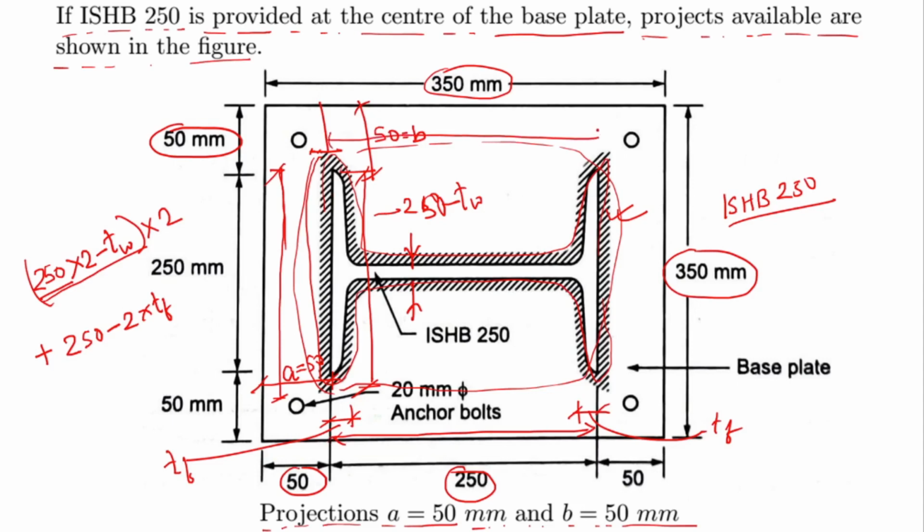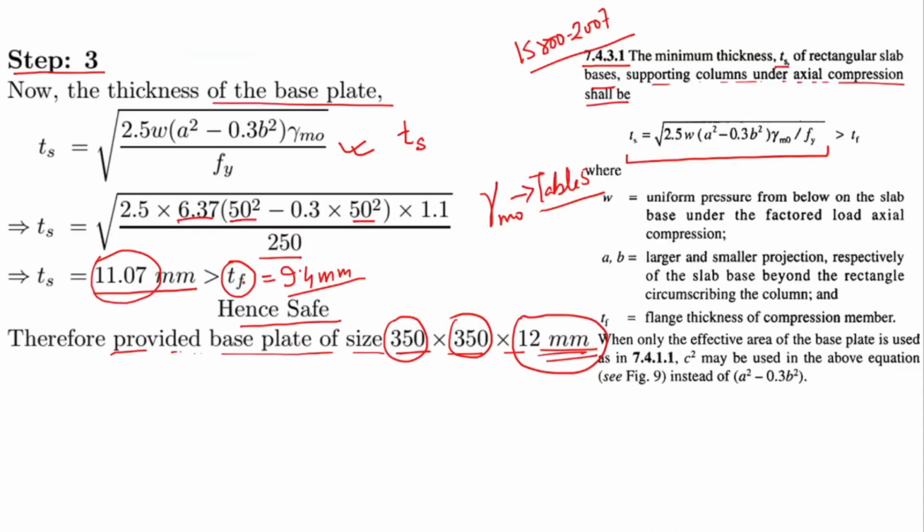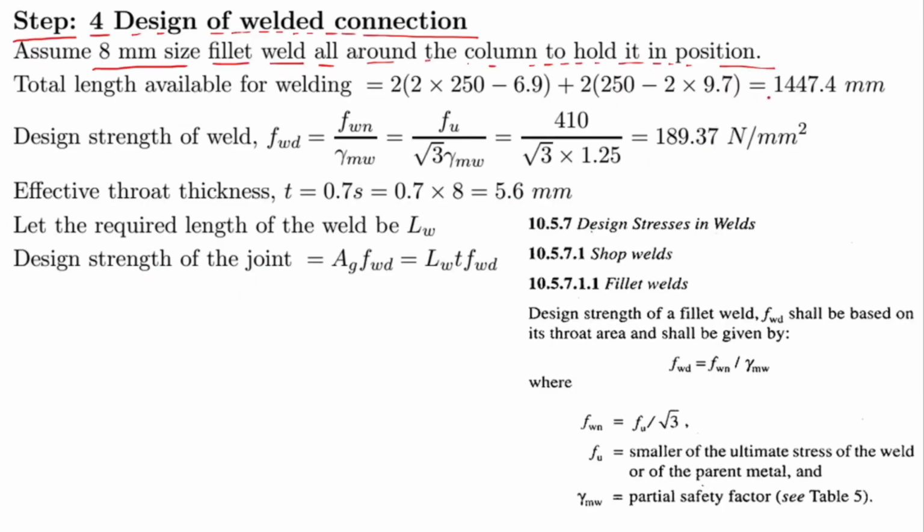Similarly for the other side, I have to multiply by 2. This gives the total length of weld available for the I section, calculated as 1447.4 mm. Here the thickness of the web is 6.9 mm and the thickness of the flange is 9.7 mm.